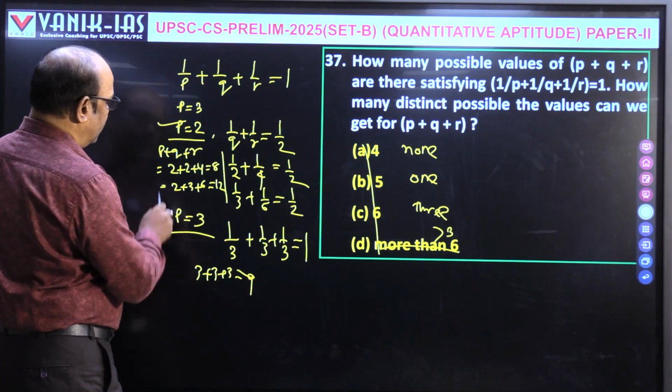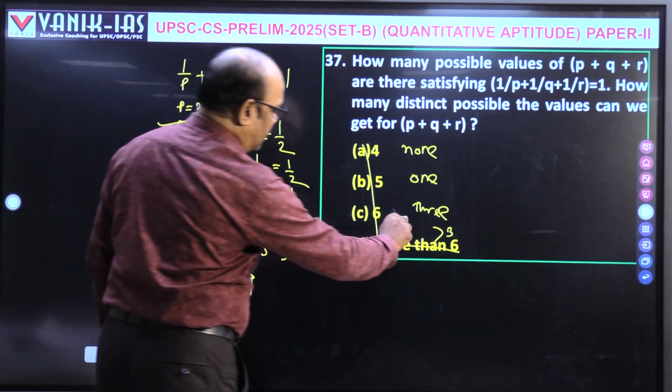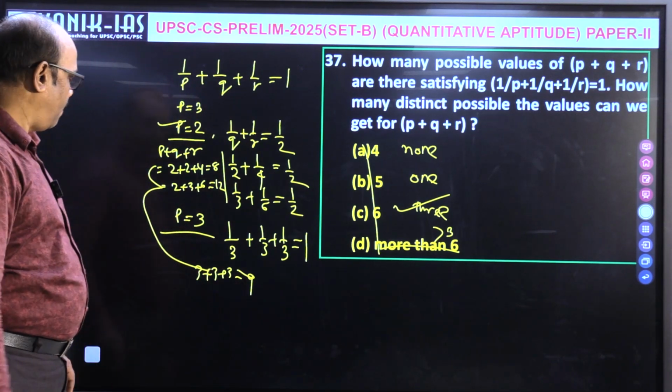That's why 3 possible values are there. The answer is option C.